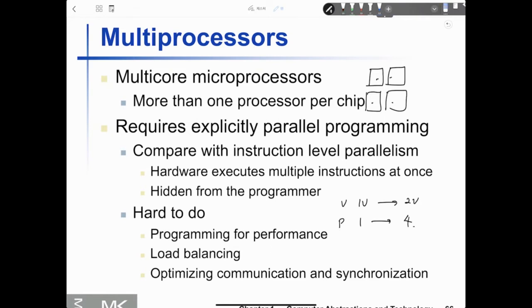But if we add 2 cores without changing the voltage, a single core's power consumption is 1, and a double core is 2. So even though the performance improved by 2, the power consumption is just 2. But if we increase the voltage, then the power consumption is 4 times. The problem of multiprocessors is that program development becomes very difficult.